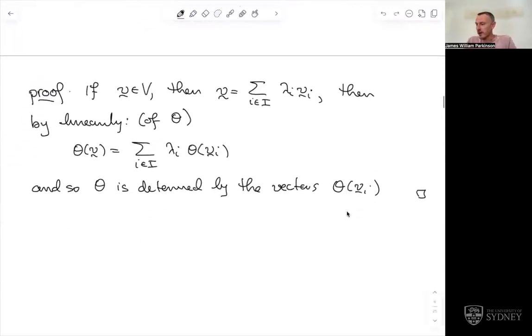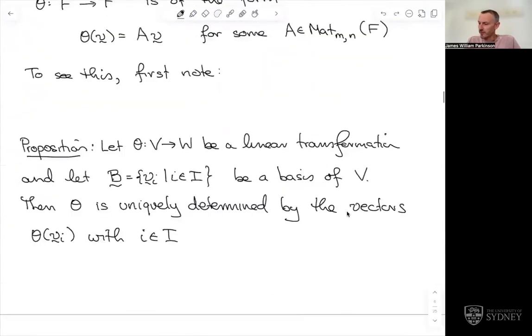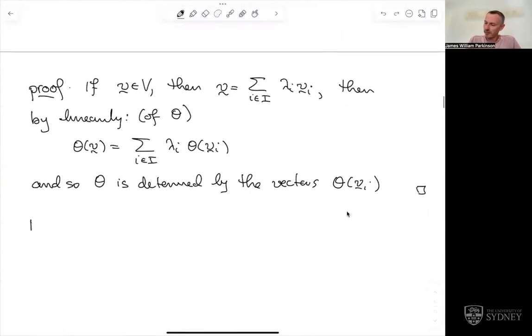Okay, but anyway, back to our proof of the claim. Now to prove the claim. As a reminder, the claim was that if we have a linear transformation from F^n to F^m, then it's really just given by matrix multiplication.